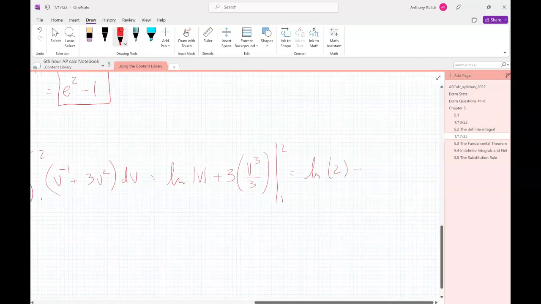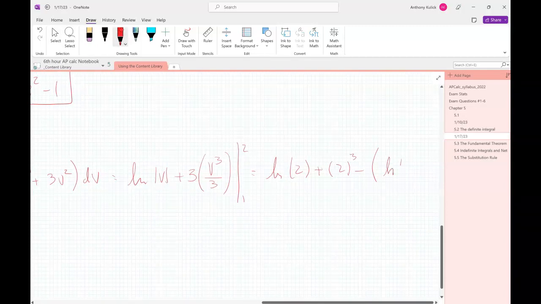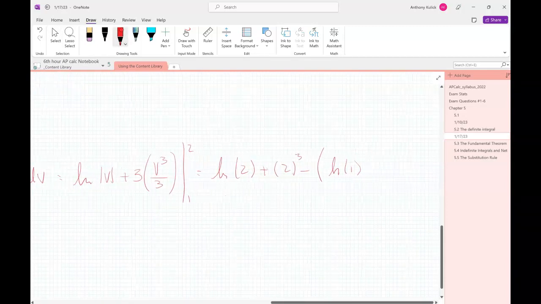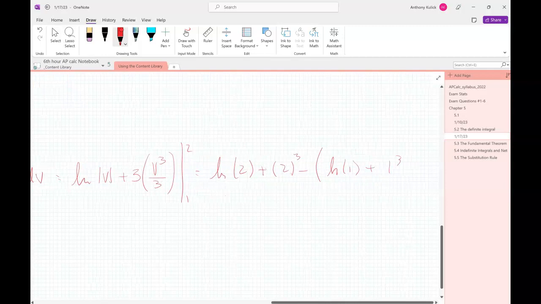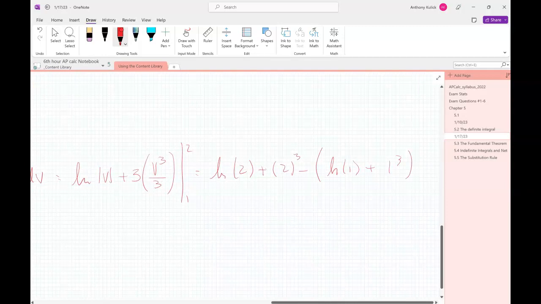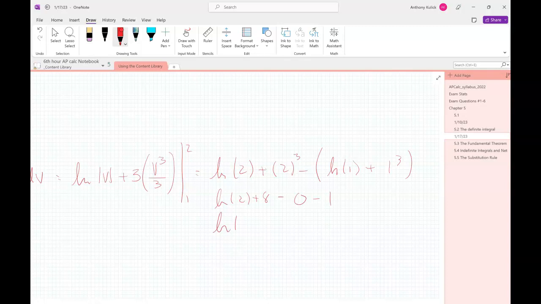So I have natural log of 2 plus 2 cubed, minus the natural log of 1 plus 1 cubed. So that's natural log of 2 plus 8 minus the natural log of 1, which is 0. So this is just natural log of 2 plus 7.